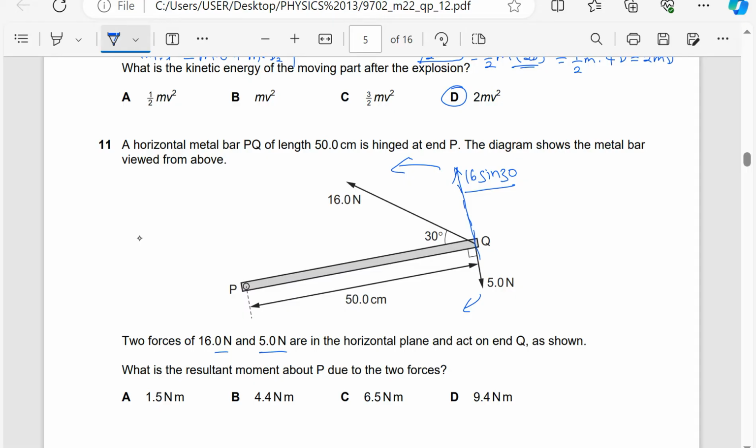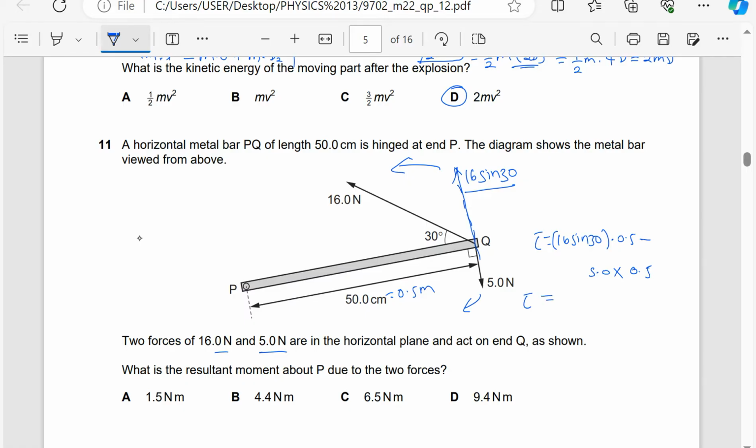So we want the resultant moment. So the resultant moment is going to be 16 sine 30 times the distance. This distance here is the same as 0.5 meters. So this is going to be 16 sine of 30 times the perpendicular distance, which is 0.5, minus 5.0 times the perpendicular distance, which is 0.5.